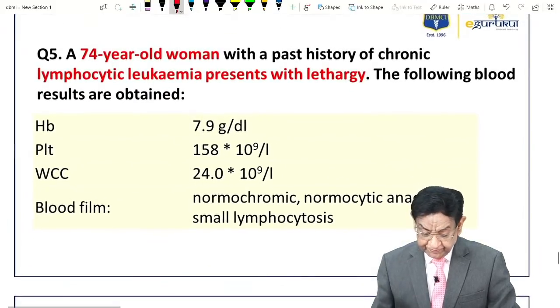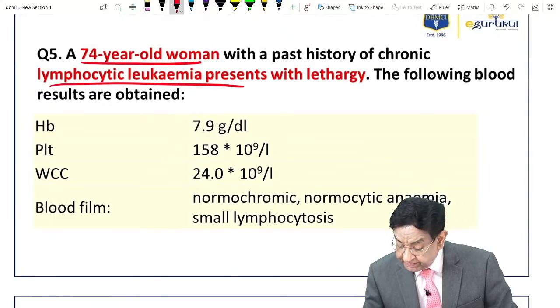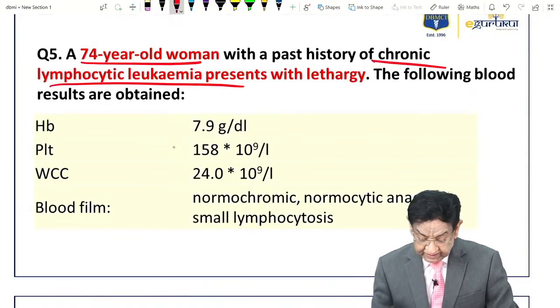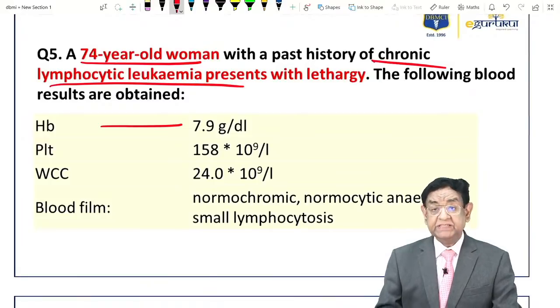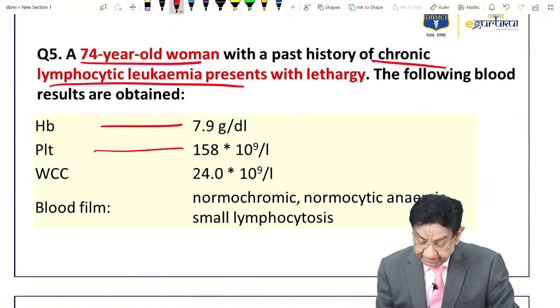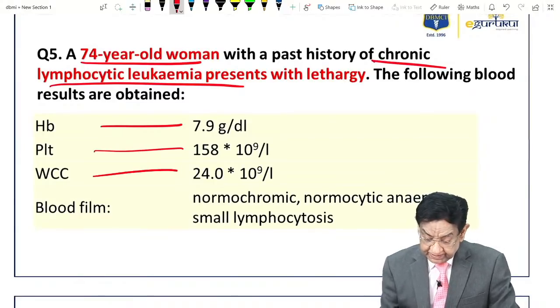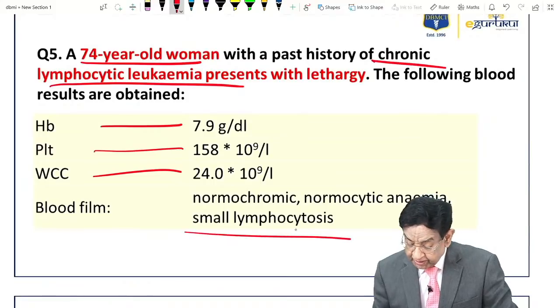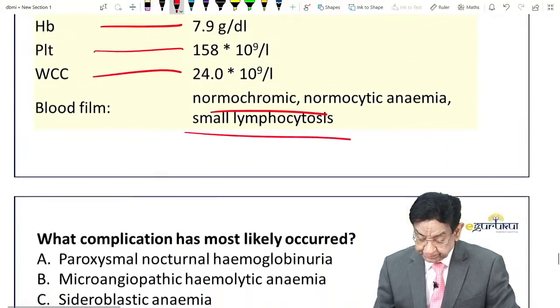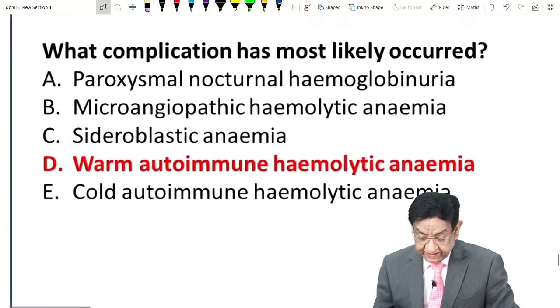Question 5. A 74-year-old with chronic lymphocytic leukemia, CLL, HB 7.9, very severe anemia. Platelet again on the lower side, high, small lymphocytes are there. Which complication can occur?